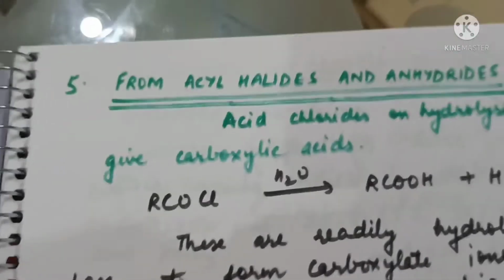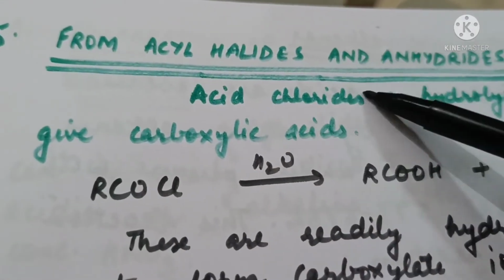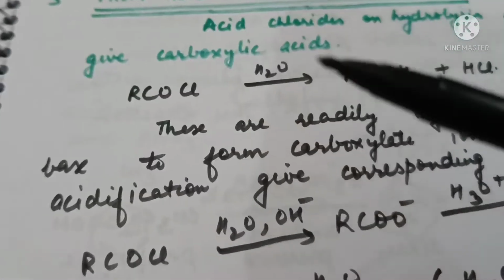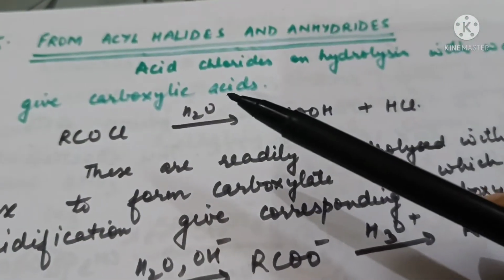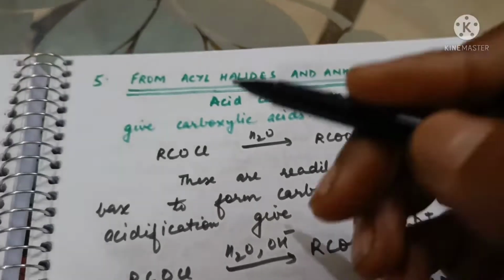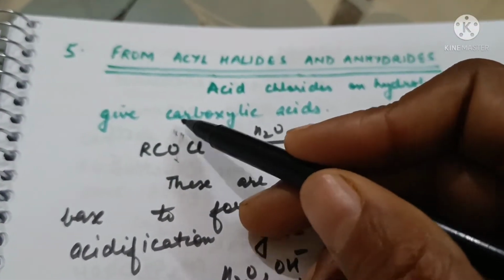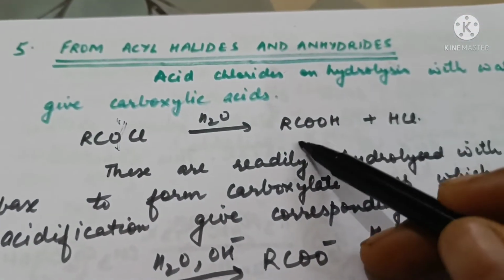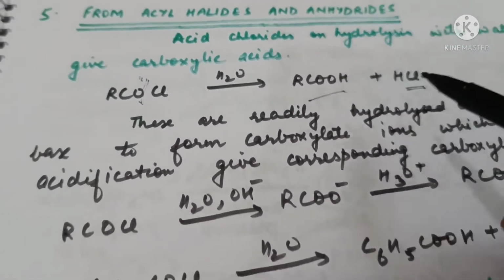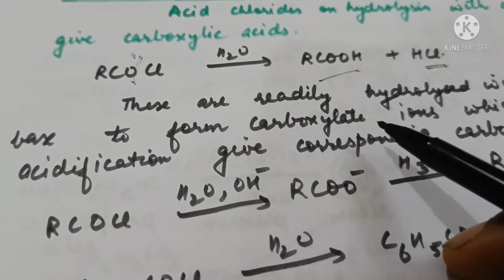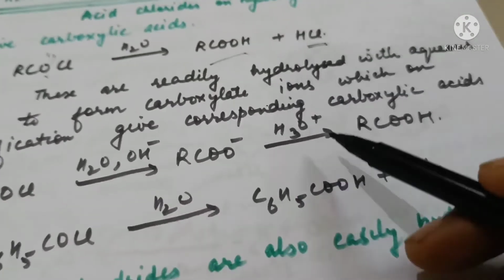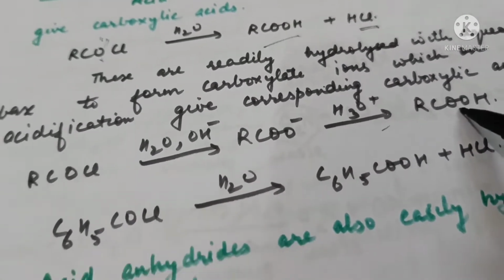We can also prepare acids from acyl halides and anhydrides. So when acyl halide is hydrolyzed with water, the OH of water will be added here and H here to produce acid and HCl. These can be readily hydrolyzed with base to form carboxylates, which on acidification will give acid.